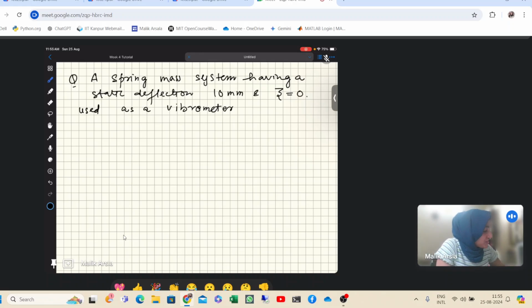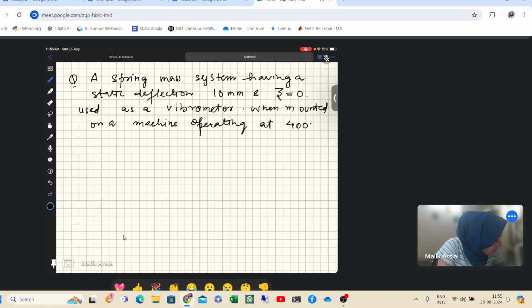When mounted on a machine operating at 4000 rpm, the relative amplitude is recorded as 1 mm.